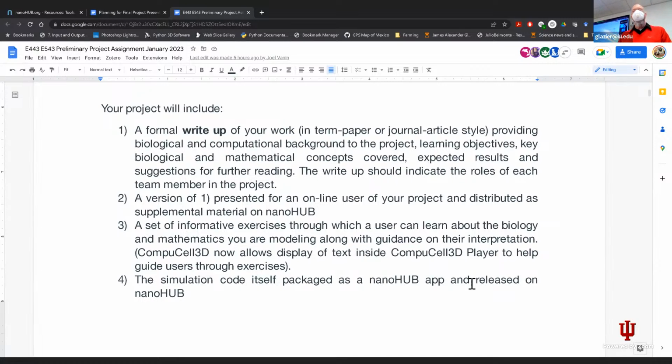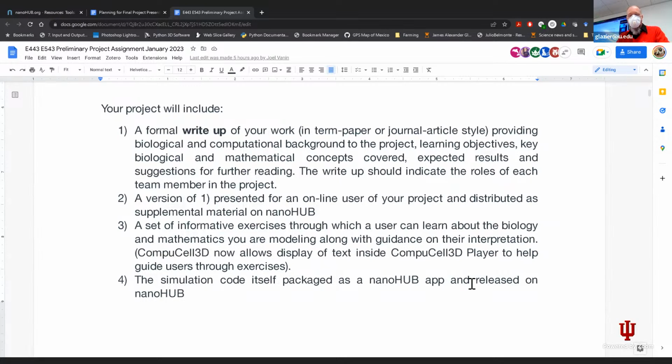I actually think it's the opposite. Journal papers tend to be shorter than term papers. But anyway, it wasn't meant to be intimidating, explaining what you're trying to do. In particular, what your learning objectives are, because these are educational projects to some extent, what the biological and mathematical concepts are, expected results, and further reading.